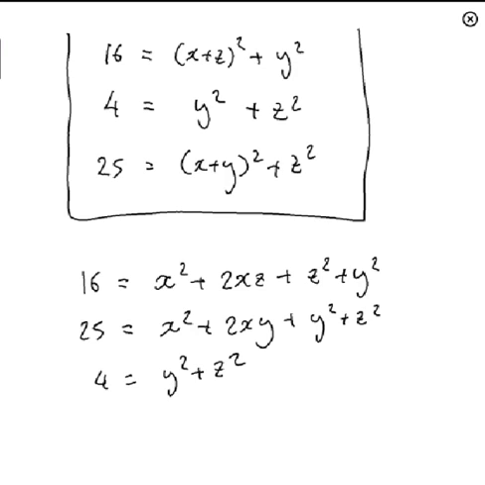Which is all rather good, because you see what we've got here: this, and that, all appearing in all 3 equations, and that's equal to 4. So we've got 16 equals x squared plus 2xz plus 4, and 25 equals x squared plus 2xy plus 4.